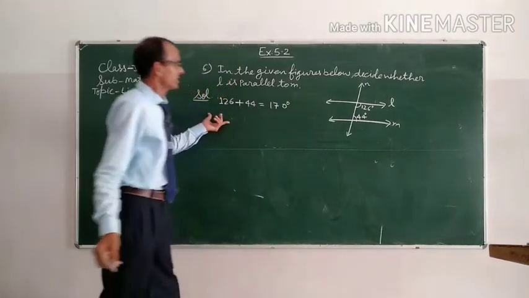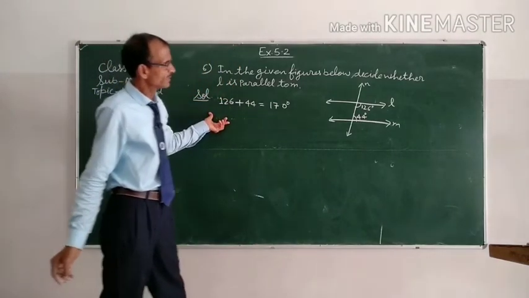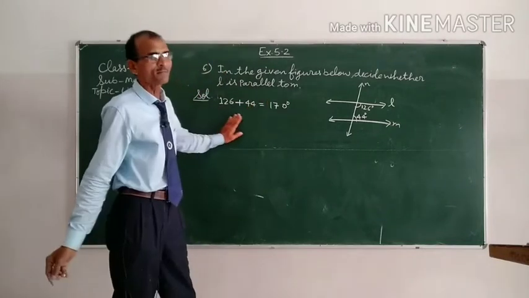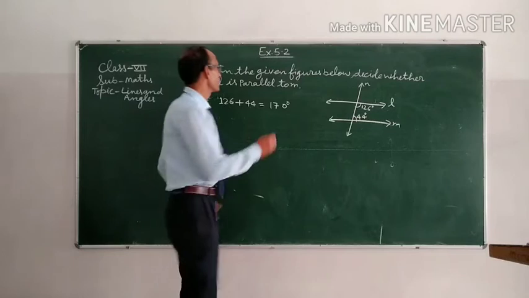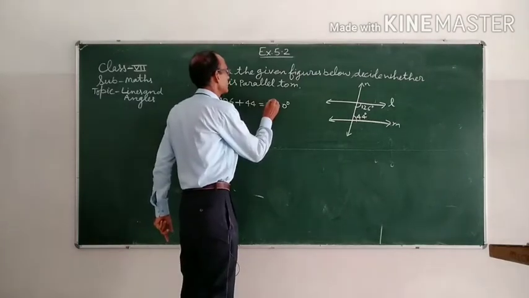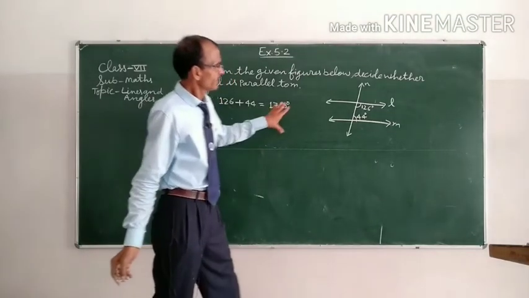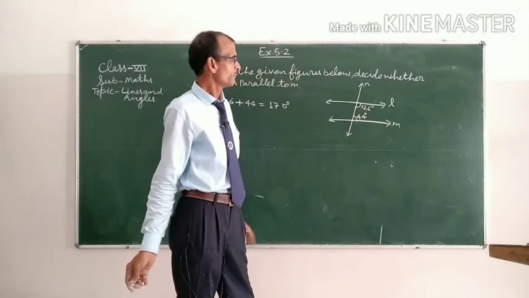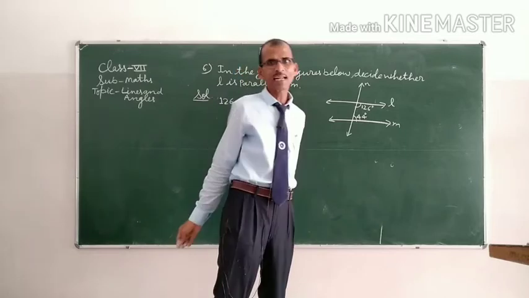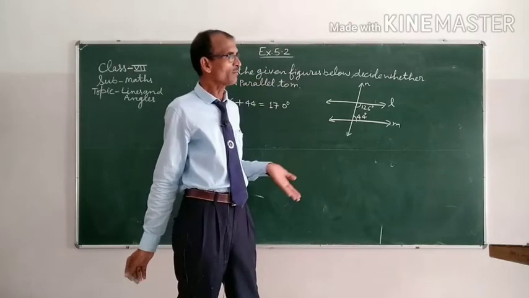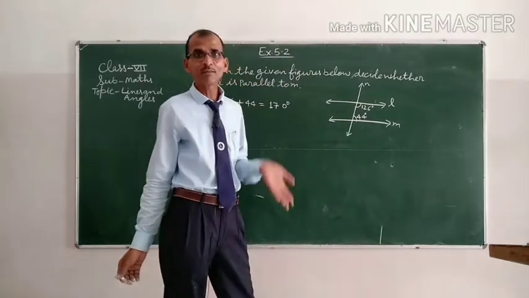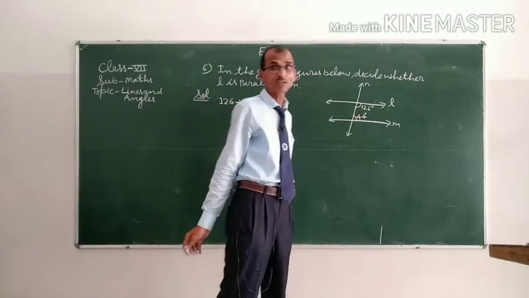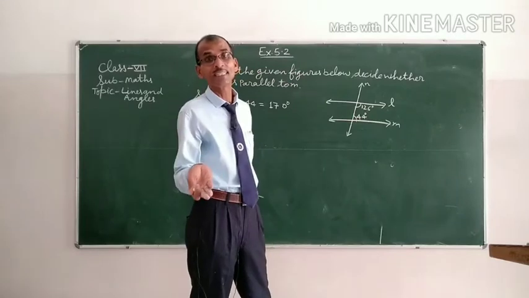Okay? Here we see that the sum of interior angles of the same side of transversal is not equal to 180 degree. So these two lines L and M are not parallel to each other, because if the two lines are parallel, then the corresponding angles will be equal, alternate interior angles will be equal, and the sum of interior angles of the same side of transversal will also be equal to 180 degree.